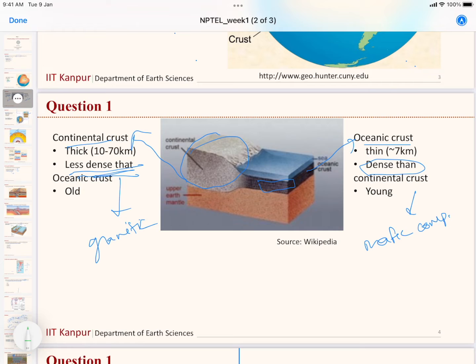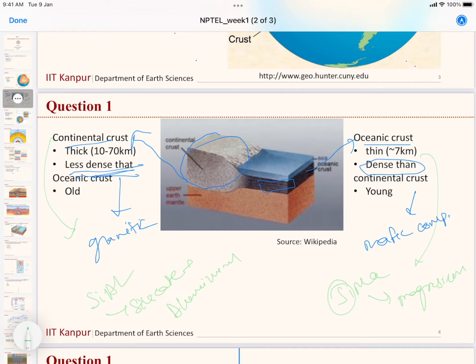In general, the continental crust composition is silicates plus aluminium. That's why the short abbreviation for it is Sial, where Si is silicate and Al represents aluminium. For the oceanic crust, we have a higher density composition, mainly Sima, where Si is again silicates and Ma represents magnesium.